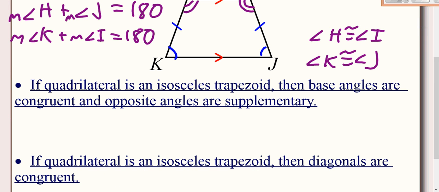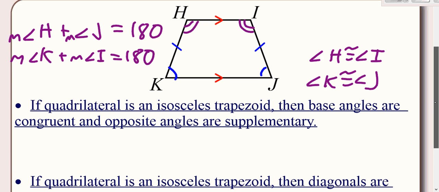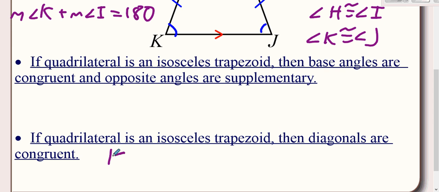Then the other thing that happens is the diagonals are congruent. So diagonal KI is congruent to diagonal HJ.